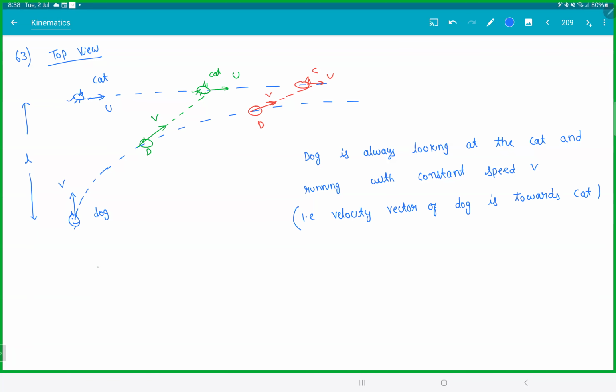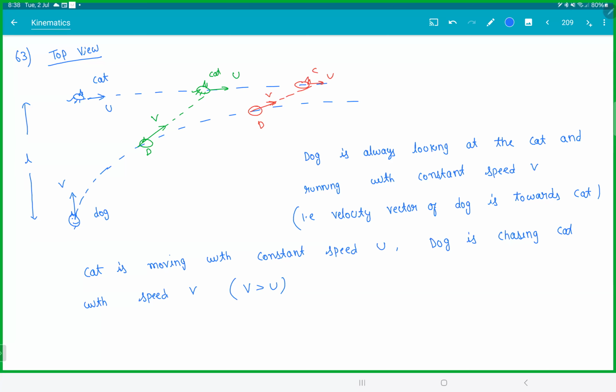Now the thing here is, the cat is moving with speed u, again, constant speed. The dog is chasing the cat with a constant speed v. And v is greater than u.